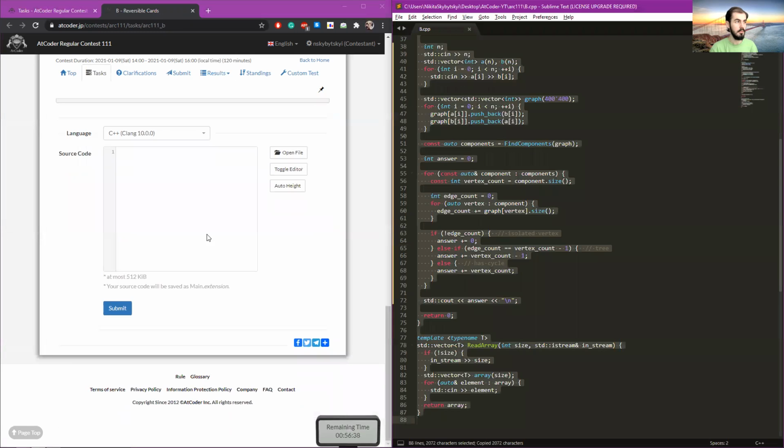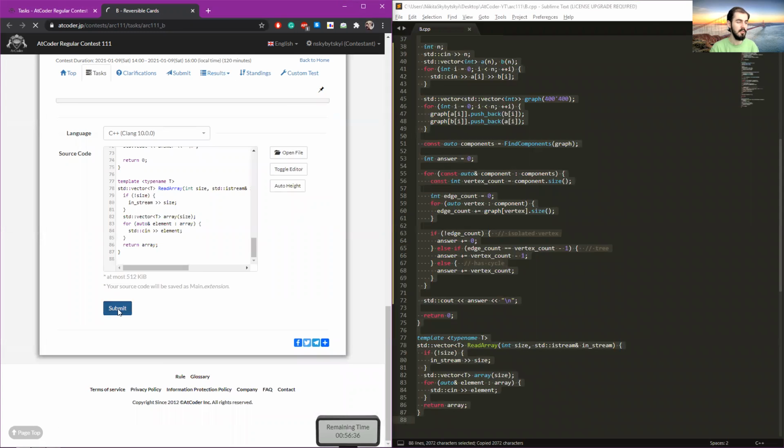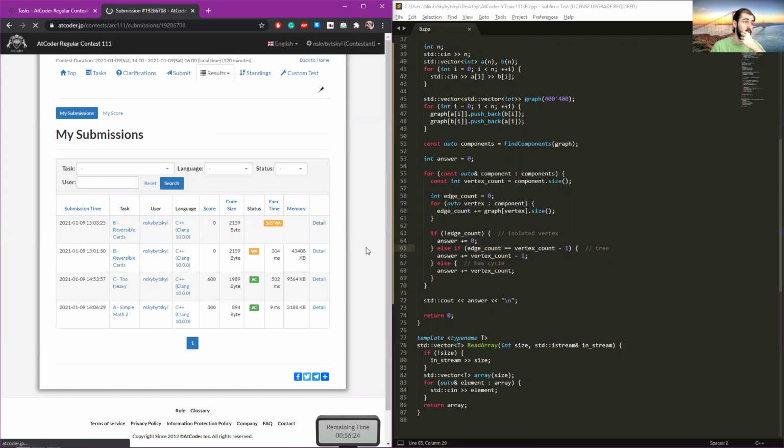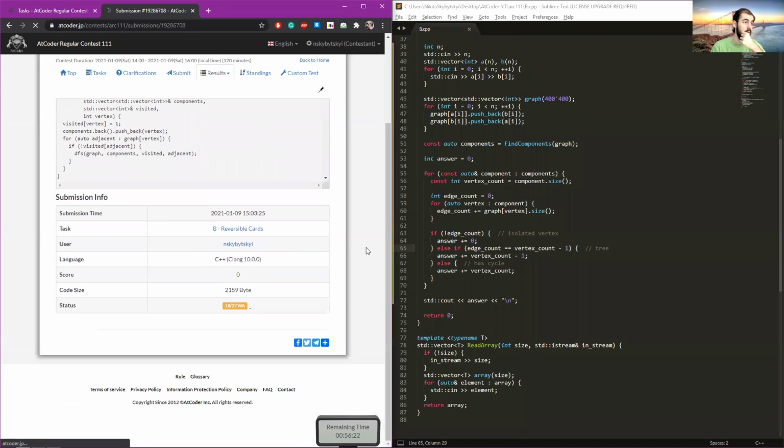Okay. Sorry, guys, I was not paying attention. Yeah, obviously trees have one less edge than vertices. Already wrong answer. Not great.